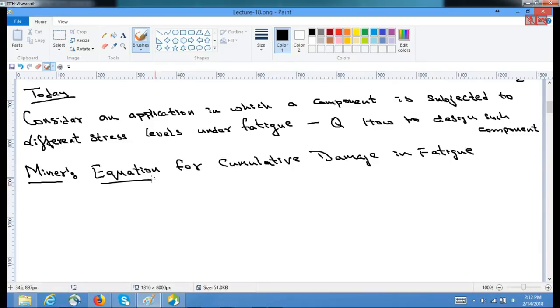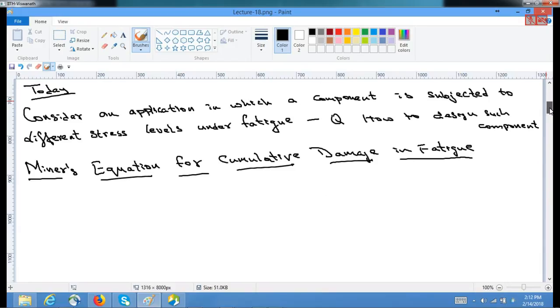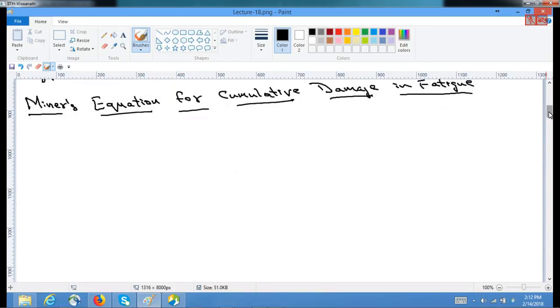So this is what we'll learn today, and after that we'll also deal with a case when there is non-complete reversal load. Okay, so let us look first at Miner's equation when you have different stress levels.